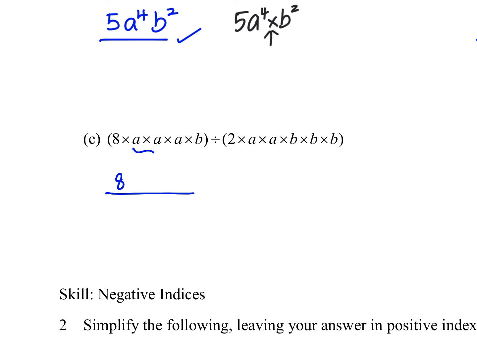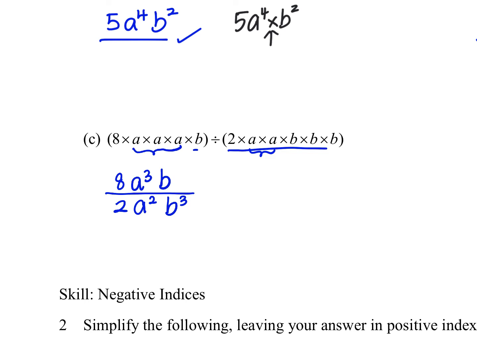This has a times a times a, 3 times, so it's a to the power of 3, and this is b on top here. Divided by the whole of, so this is 2, and a times a gives you a squared, b to the power of 3.